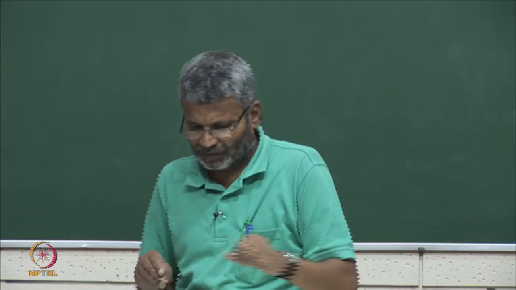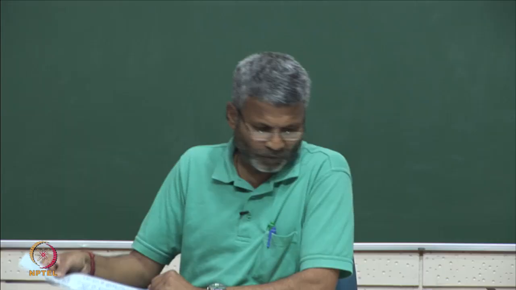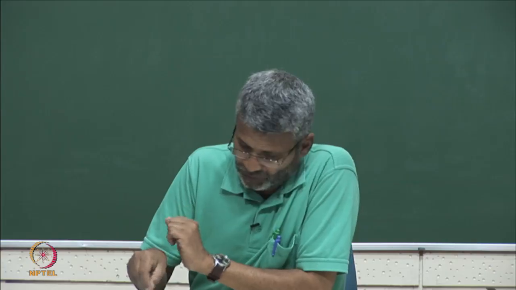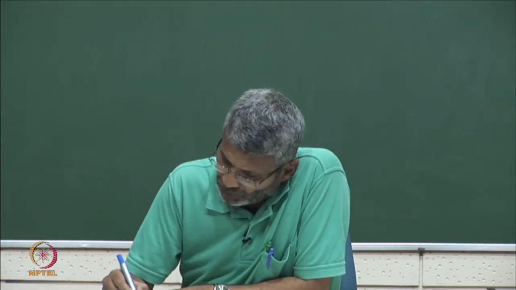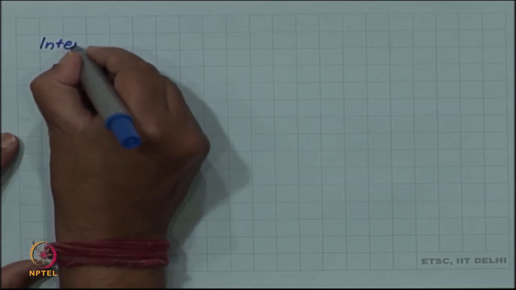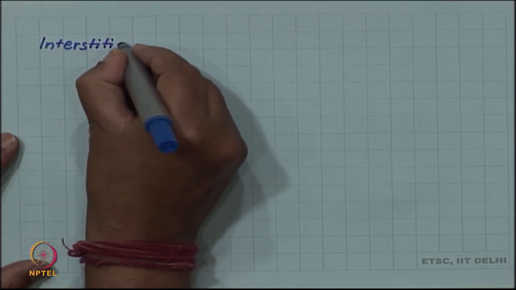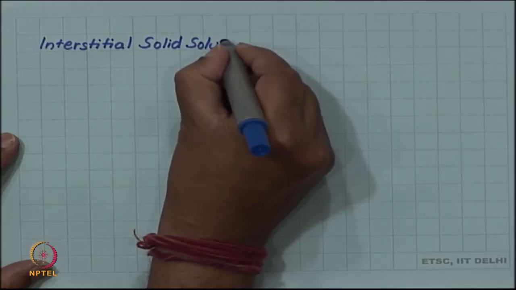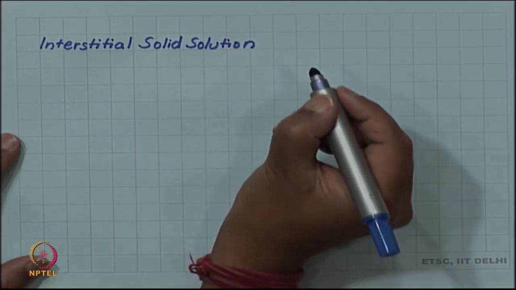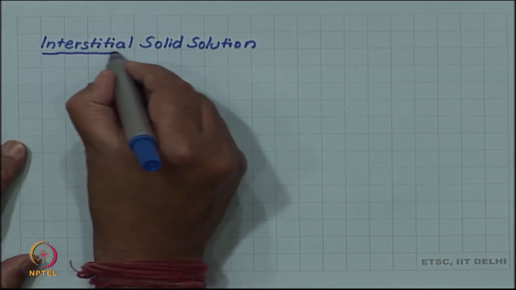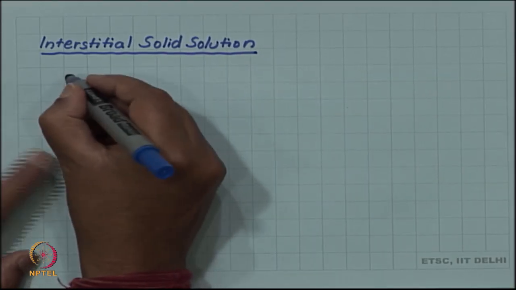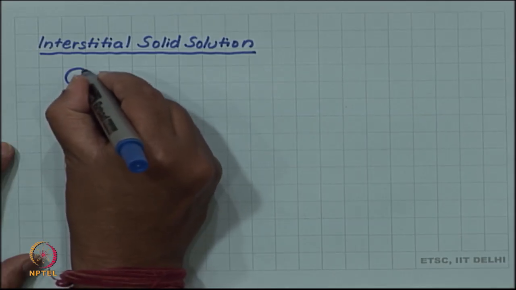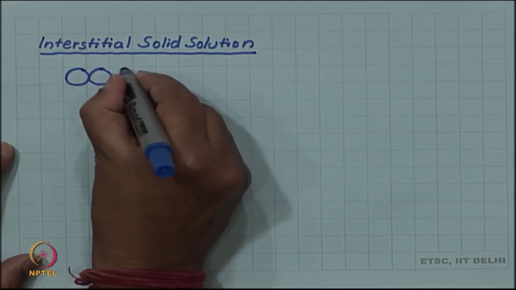Let us look at this a little bit pictorially, what we mean by interstitial solid solution. Let me make a cartoon two-dimensional example of a solvent crystal structure.